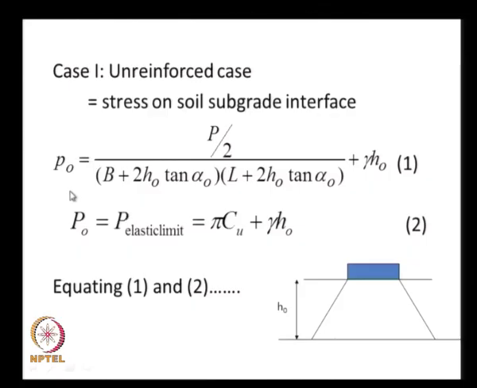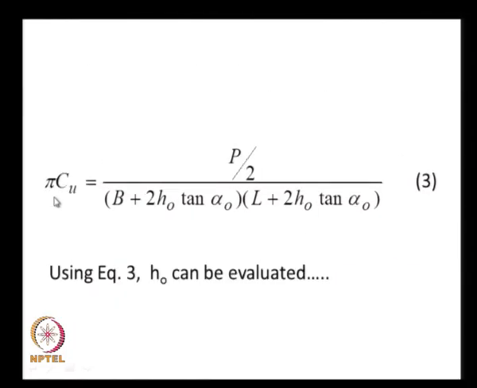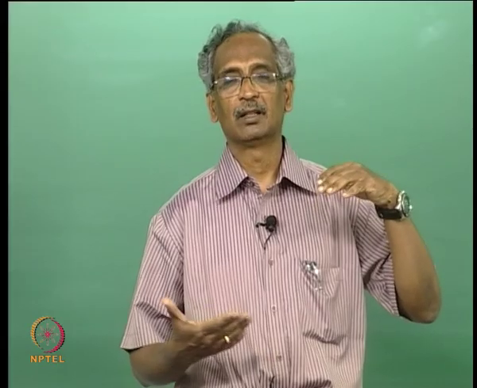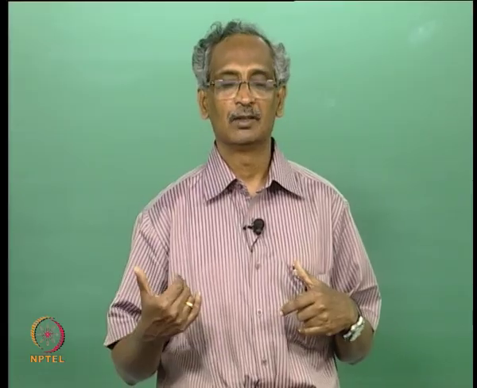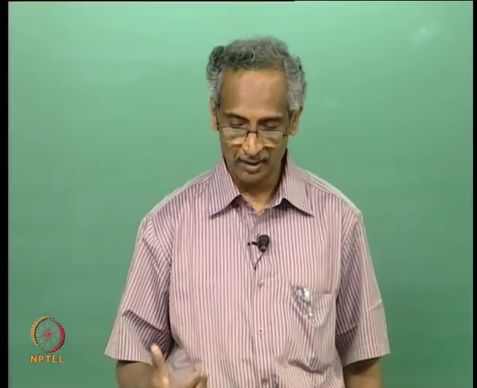This pressure, P naught at the subgrade level, is equated to the elastic limit of the pressure, pi Cu plus gamma h naught, and by equating these two we can get an equation in terms of Cu, the wheel load and h naught. By solving for h naught we can get the thickness that we require, so that the pressure transferred into the subgrade is less than the allowable bearing capacity of the soil.